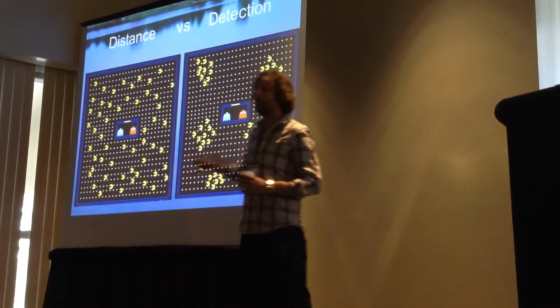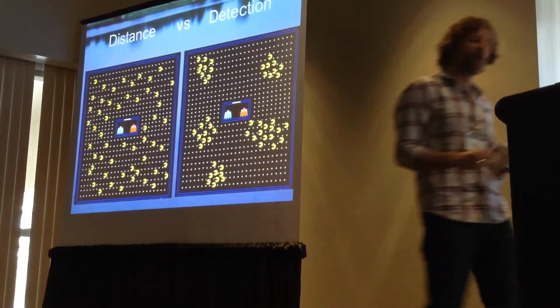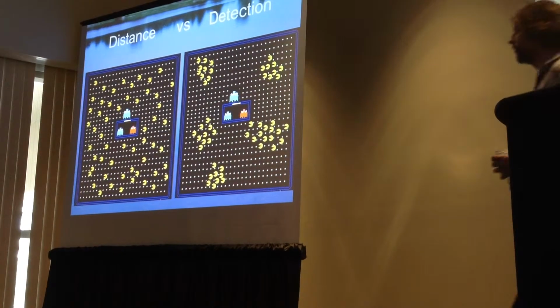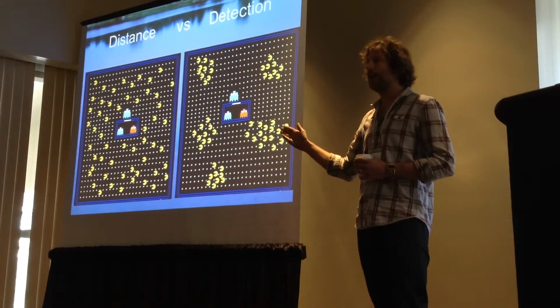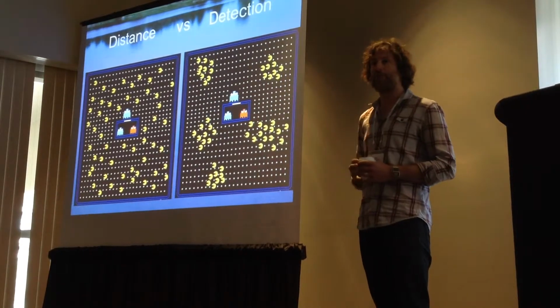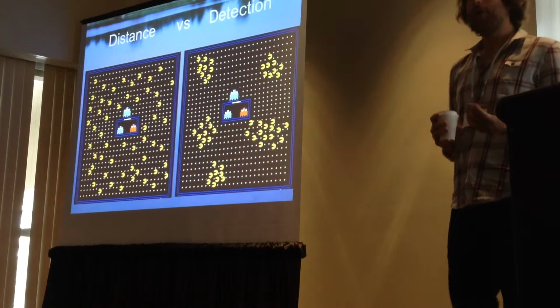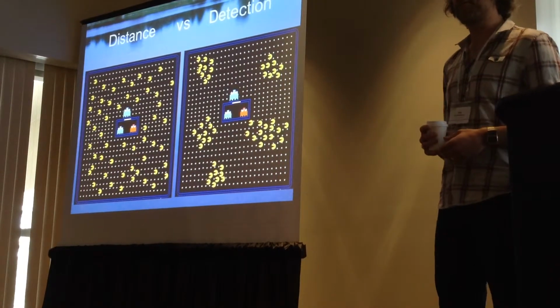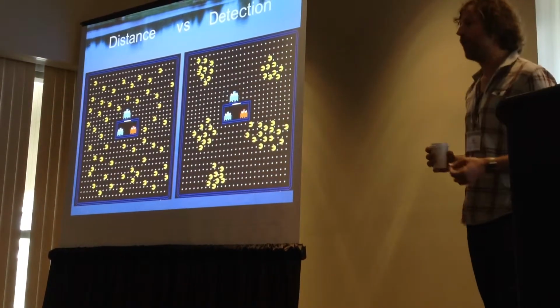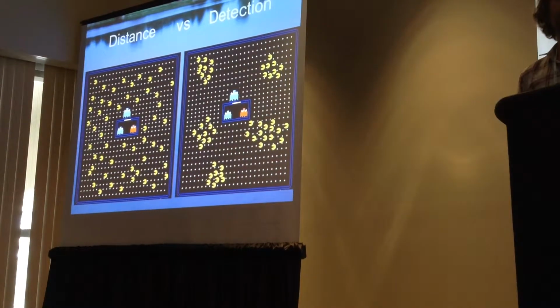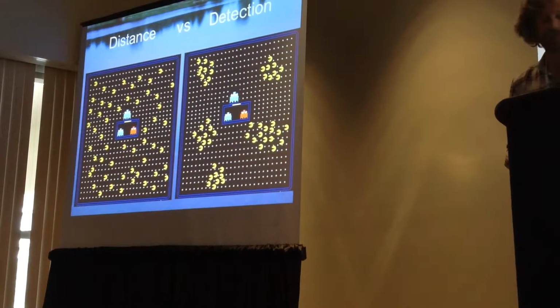If we compare these two models, we can see that if one predator emerges, it's pretty clear through random movement that they will encounter prey more often if they are all evenly dispersed rather than clumped together. However, prey are also very conspicuous when they group together. Lots of fish, for example, are very hard to see when they're in their individual states, but when they form these large schools, they're easy to see from a further distance.